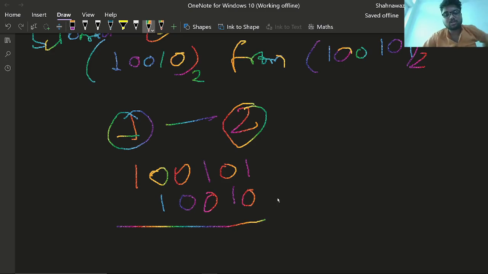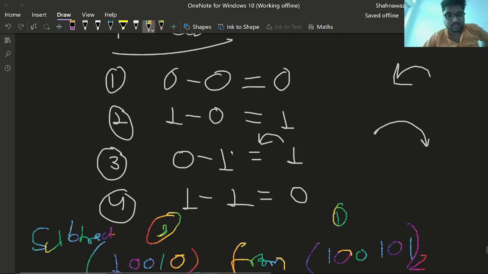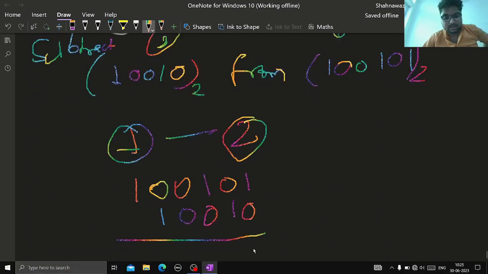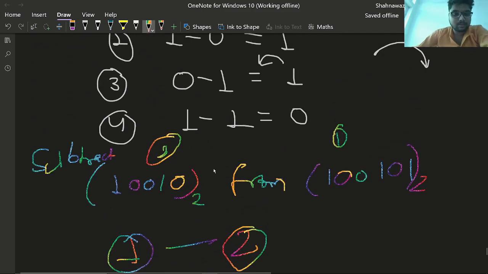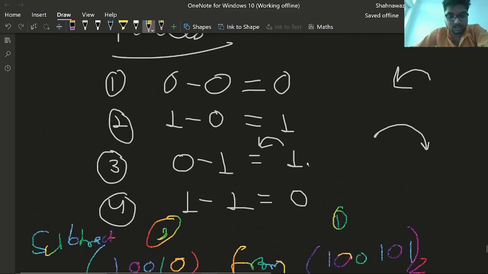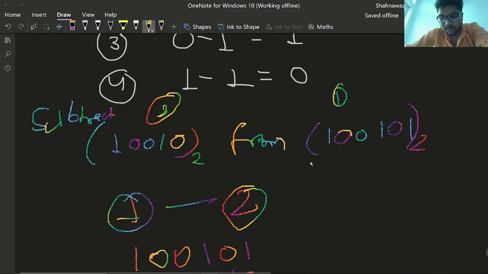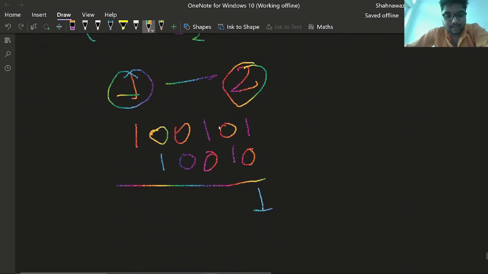So what is it presenting? 1 minus 0 is the second rule, so we will get 1. But here it is 0 minus 1, so the third rule applies and we have to borrow 1. When we subtract this from this, we get 1, and we borrow 1 from the left side.